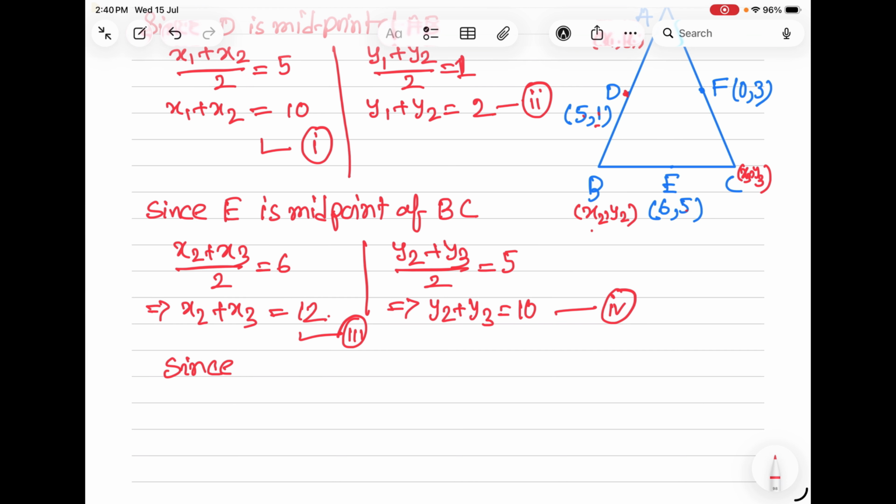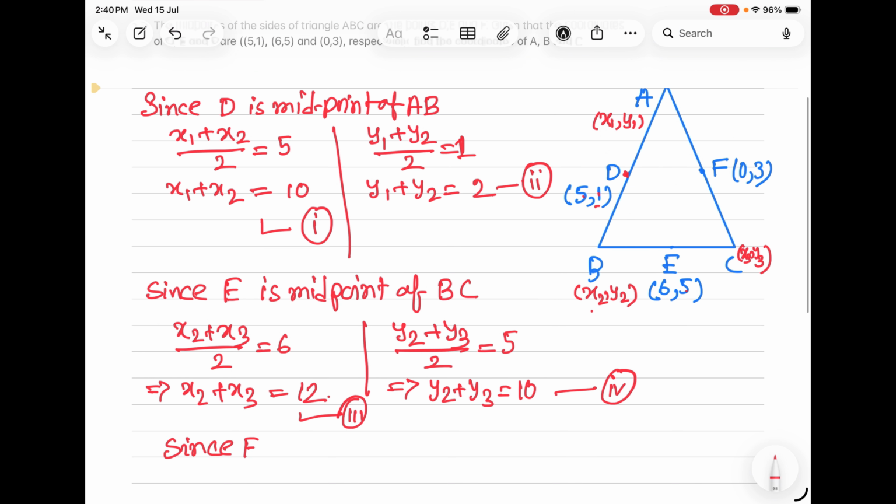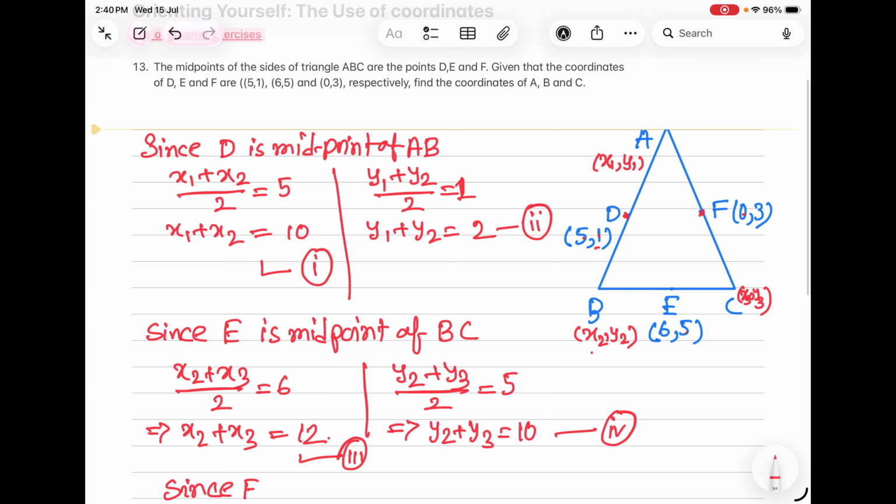Similarly, since F is the midpoint of AC, we take 0 equals x1 plus x3 by 2 and 3 equals y1 plus y3 by 2.